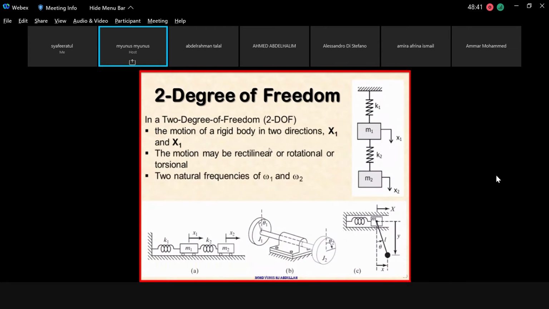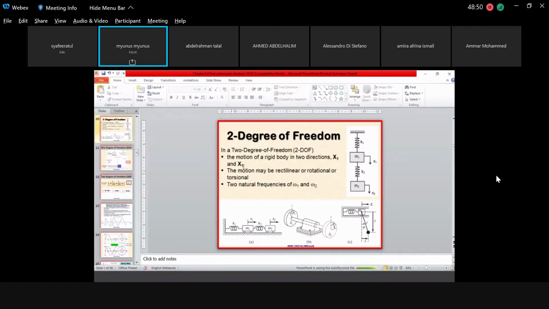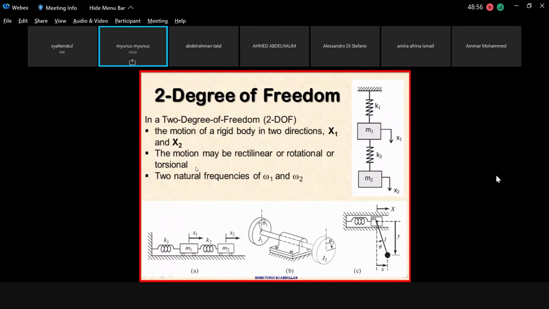When you have 2 degrees of freedom, you have what? X1 and X2. This one is not X1 and X1, yeah? This one is X2. Let me correct this one. X1 and X2, leading to omega 1 and omega 2. So this one simply tells you that you are talking about 2 degrees of freedom.